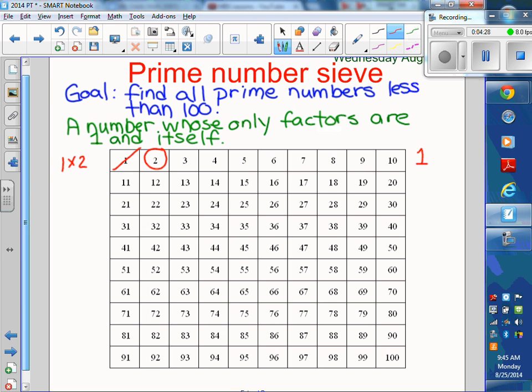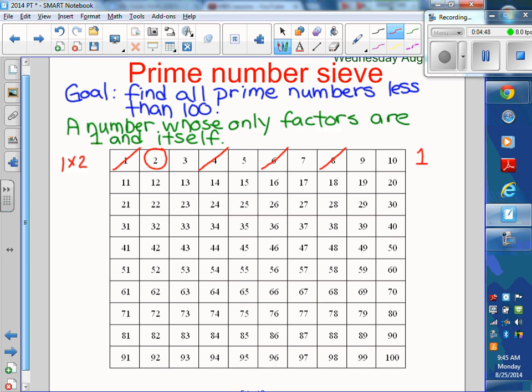Now, what we're going to do is cross out all the multiples of 2, because if I cross out all the multiples of 2, I'm crossing out all the even numbers. And none of those are prime except 2, because each one of these even numbers has more than 2 factors.